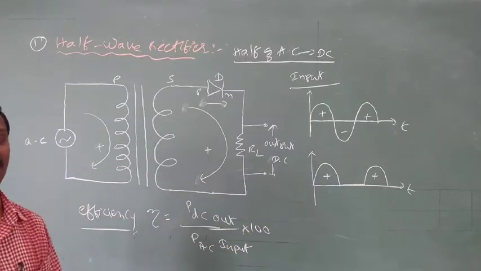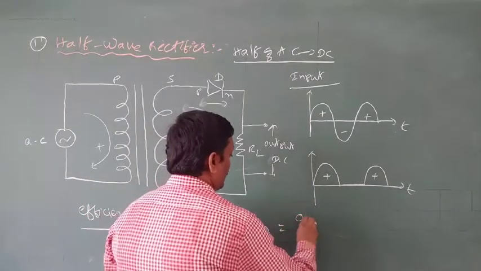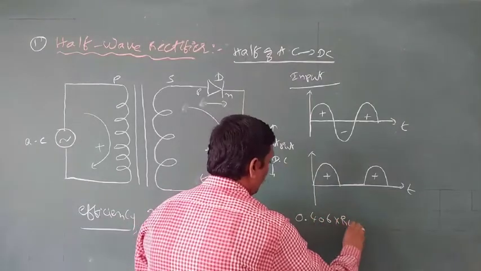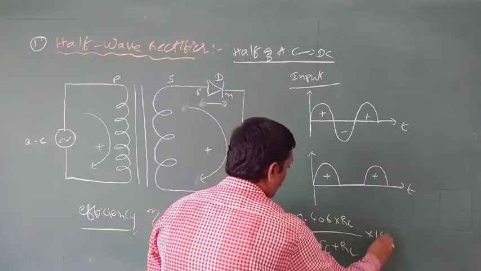In the case of a half wave rectifier, the simplified experimental formula for efficiency is 0.406 into RL by (RF plus RL), into 100.